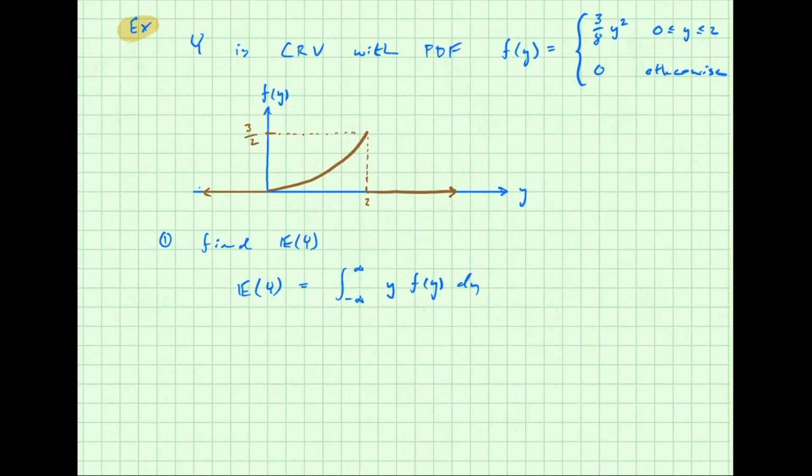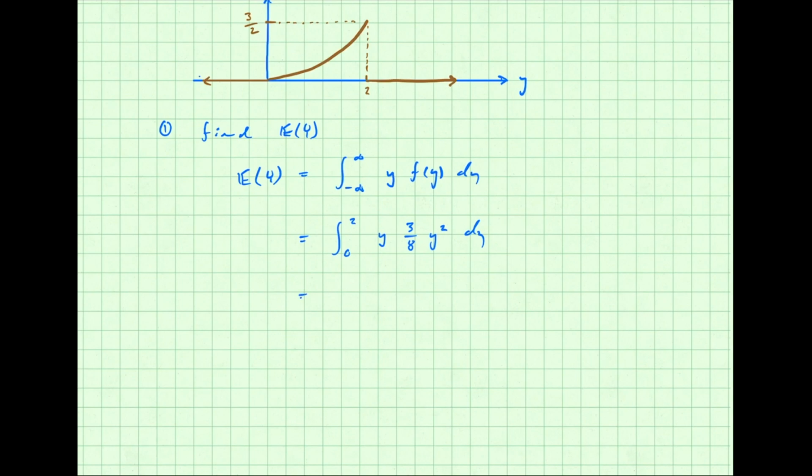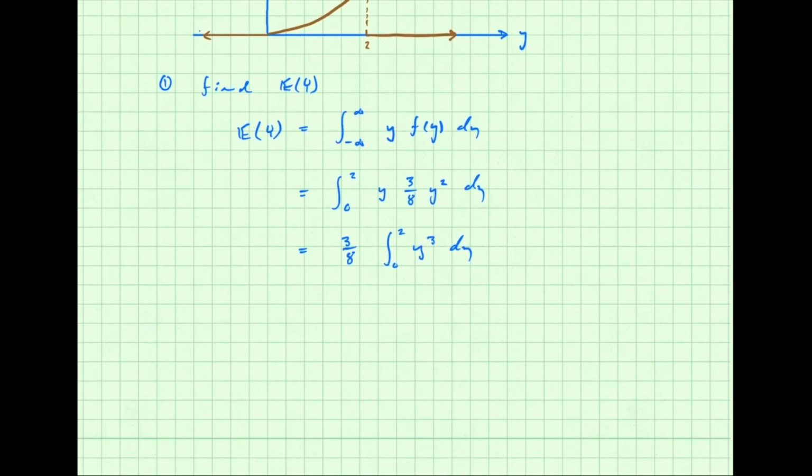So this becomes the integral from 0 to 2 of y times 3/8 y squared dy. In other words, 3/8 times the integral of y cubed over the range 0 to 2. That's an integral that should be fine for everybody.